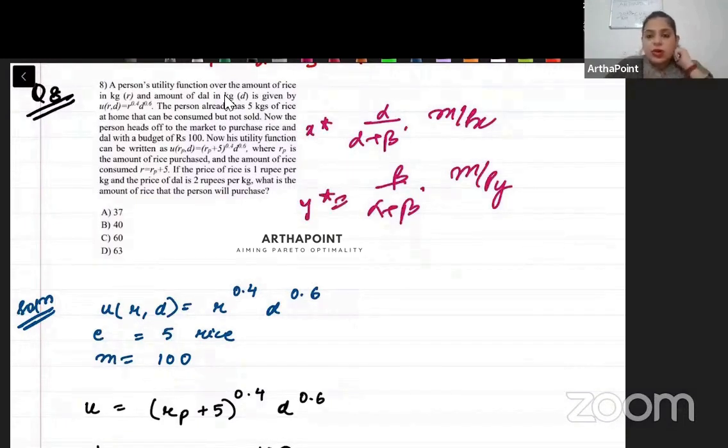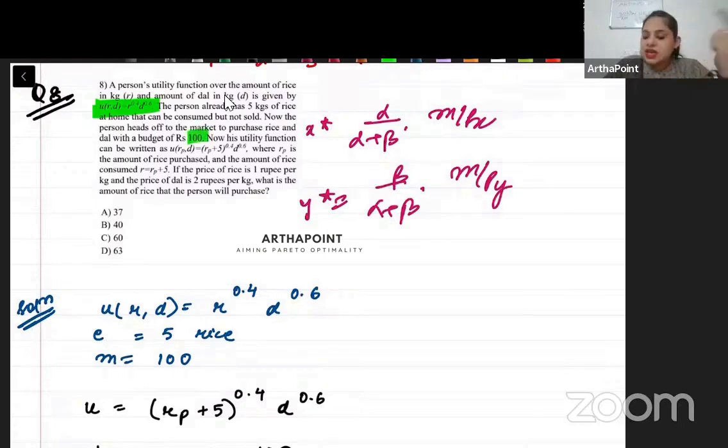Now, in this case, what has happened is that it has given you that initially the utility function was this. And then it said that this individual has 5 kgs of rice at home. He can consume that, but he cannot sell that in the market. And his income is 100.